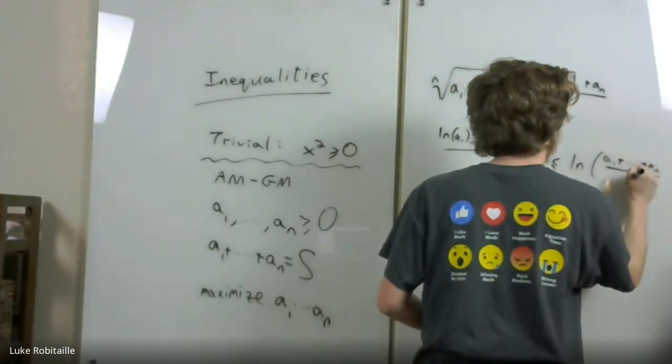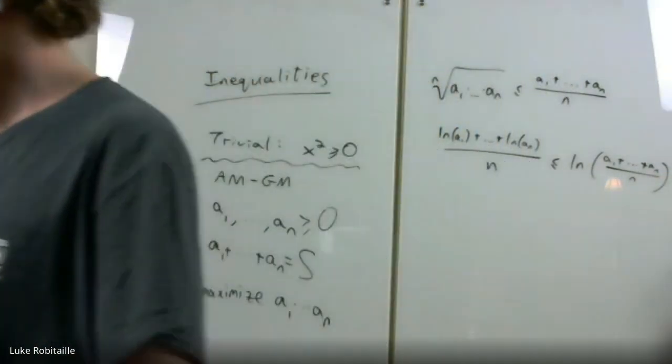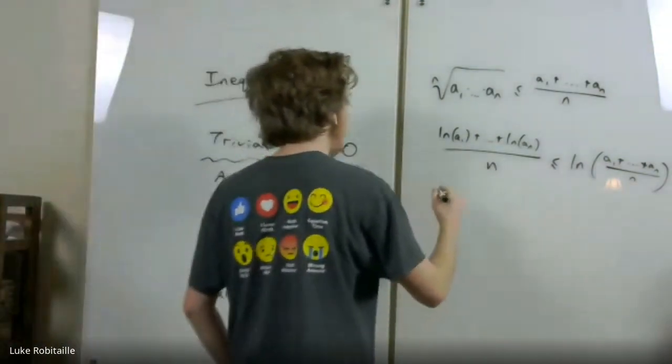And so this is a special case of Jensen's inequality. I maybe won't go into too much detail, but basically it talks about when a function is convex or concave. So it's a generalization of this.